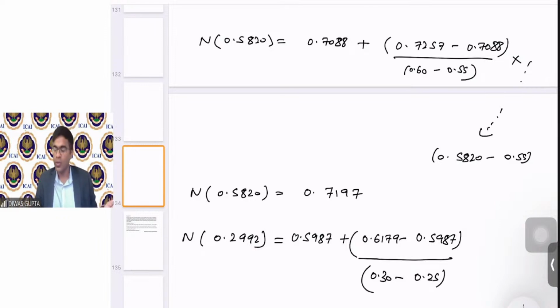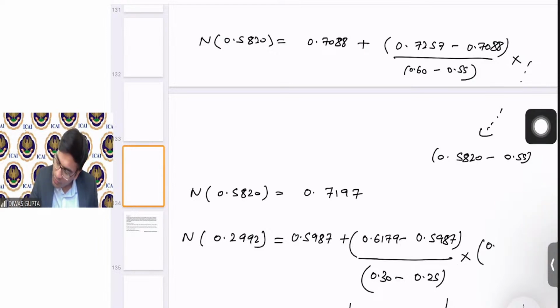Correct? So this is actually the interval value multiplied by where we have to reach. We have to reach 0.2992 minus 0.25.